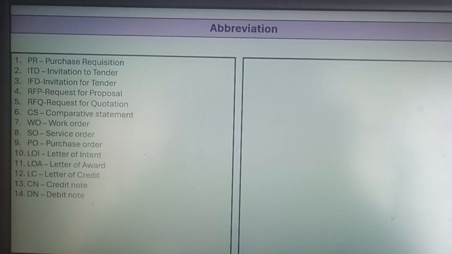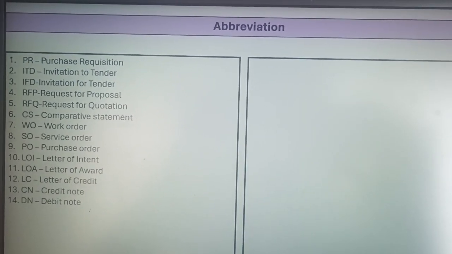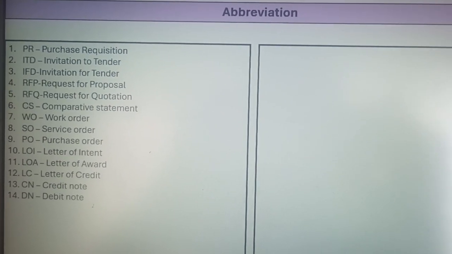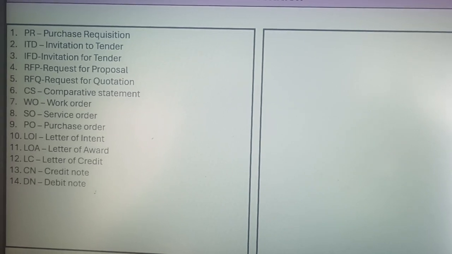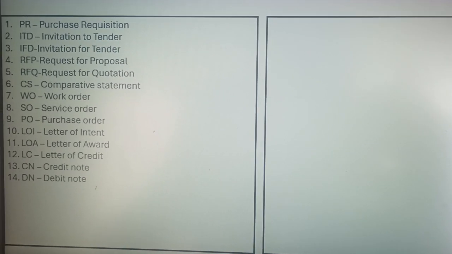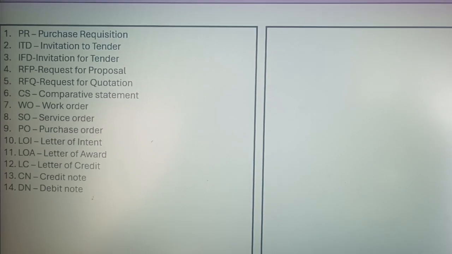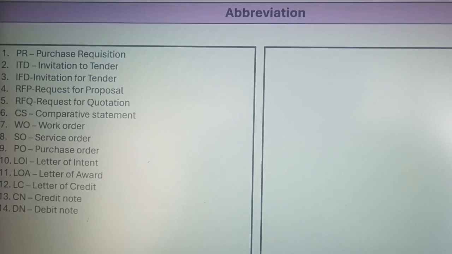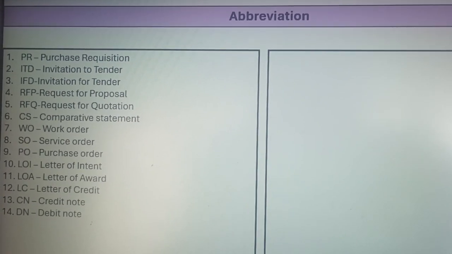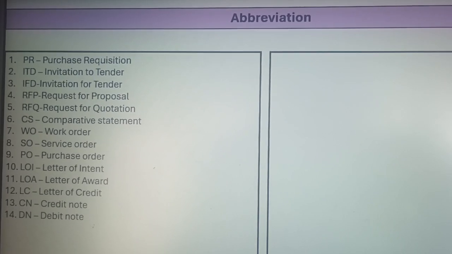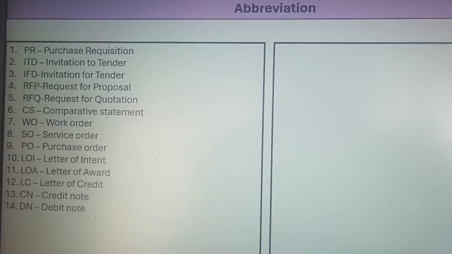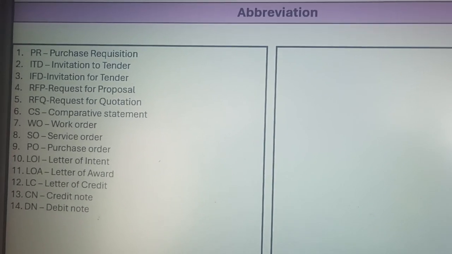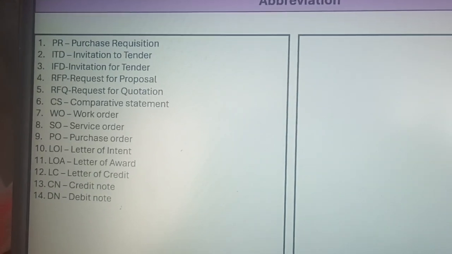In the reverse scenario, when the buyer mentions some less amount in the purchase order compared to the finalization of the tender, then the contractor gives the debit note to him.